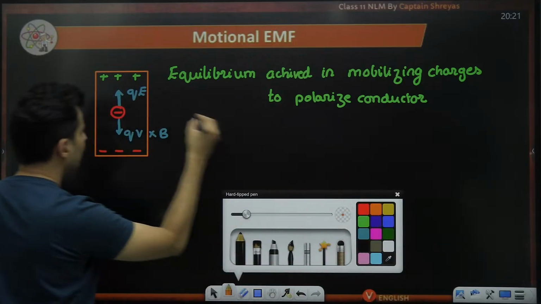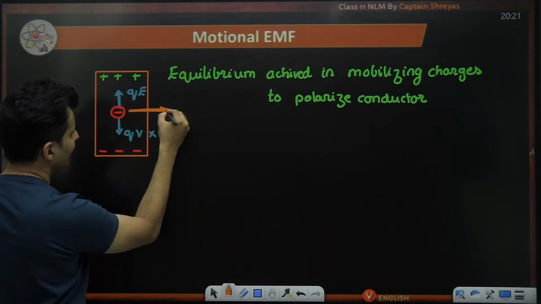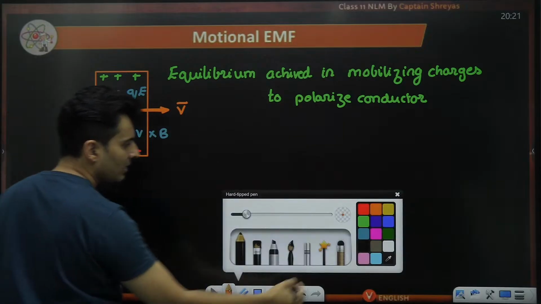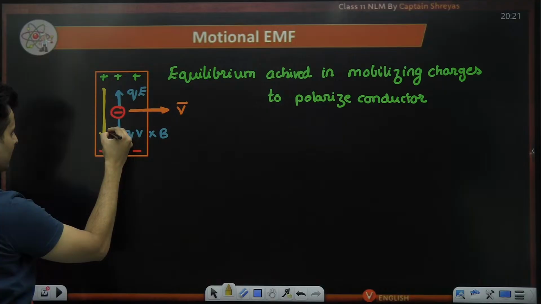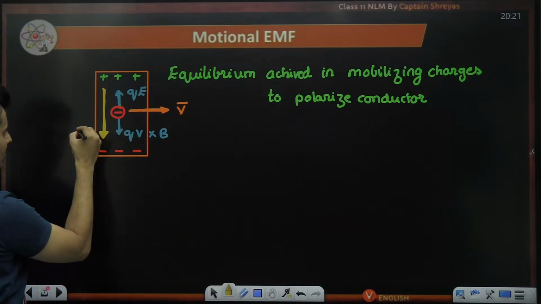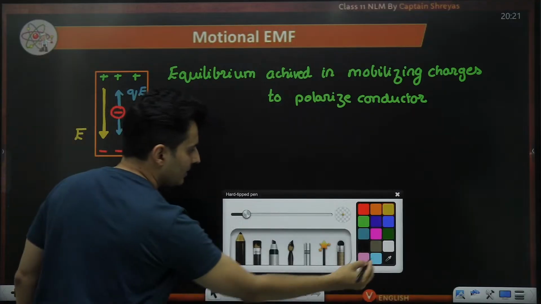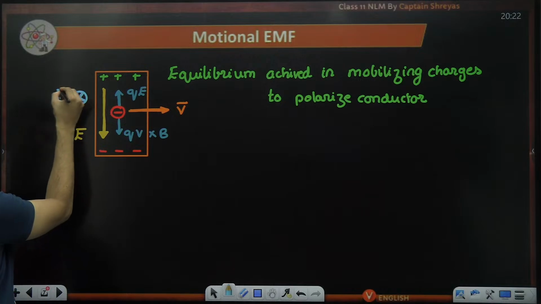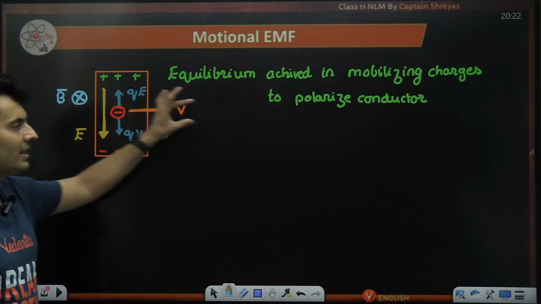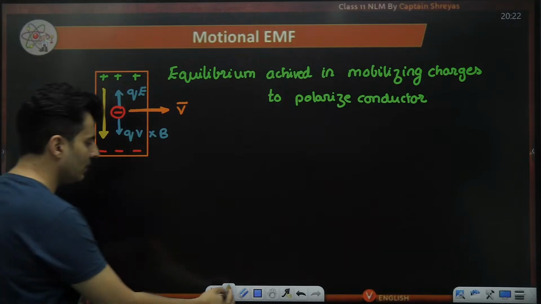And remember, at the same time, everything is moving in this particular direction. There is an electric field which has been induced in this direction. Yes, this is that induced electric field, and at the same time, the magnetic field was directed inside. So this is when that equilibrium is achieved. The net force on it will be zero.